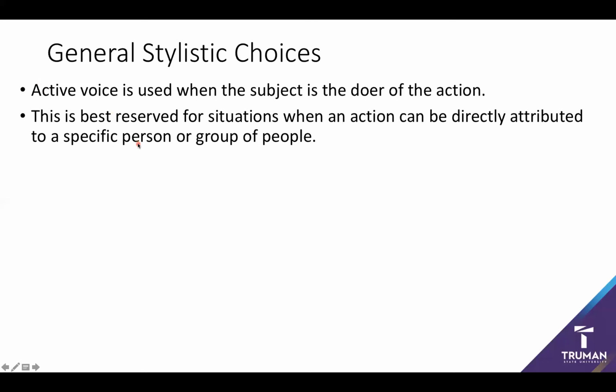But in chemistry, we're typically going to go towards the passive voice. And we're going to try and reserve our active voice for situations where the person who accomplished something actually matters. So I might use the active voice when talking about Professor X discovered Y. But again, this typically only matters when we care about who did something.